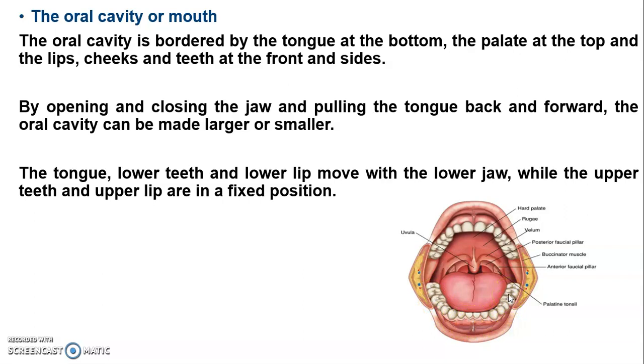By opening and closing the jaw and pulling the tongue backwards and forwards, the oral cavity can be made larger or smaller. Now, we should bear in mind that when we move the lower jaw, our tongue, lower teeth, and lower lip will move together with the lower jaw, while the upper teeth and upper lip are in a fixed position.